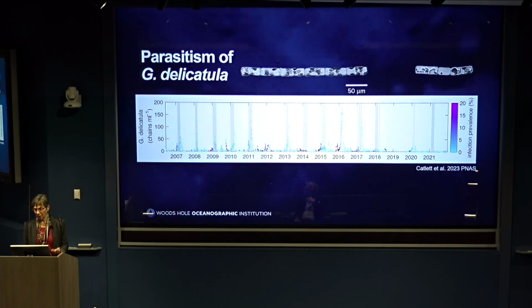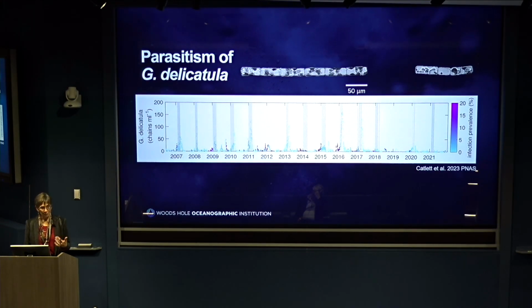You can see from the color bar that it can often be 10 or 20% of the population which is infected by the parasite during outbreaks, which is really high for this fast-acting parasite. It can kill the host in a few hours or a day. So we now think, as I mentioned, that this is a really important source of mortality for this diatom.